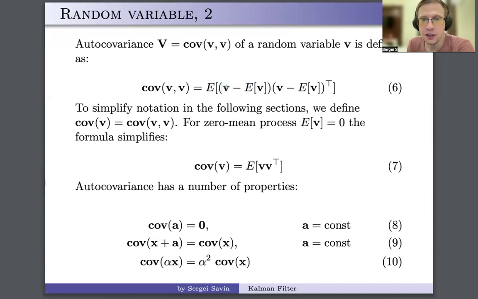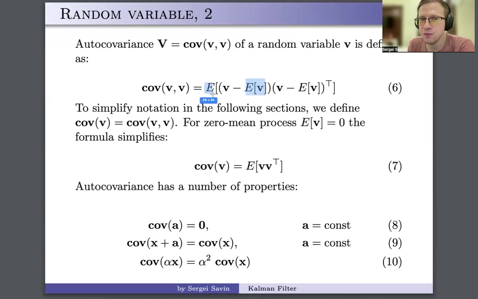Then you find outer product of this vector with itself, and you find its mean, all right? You find its mean. Of course, as you can imagine, this part, the mean of a mean is just a mean, right? Mean of a constant is a constant itself.